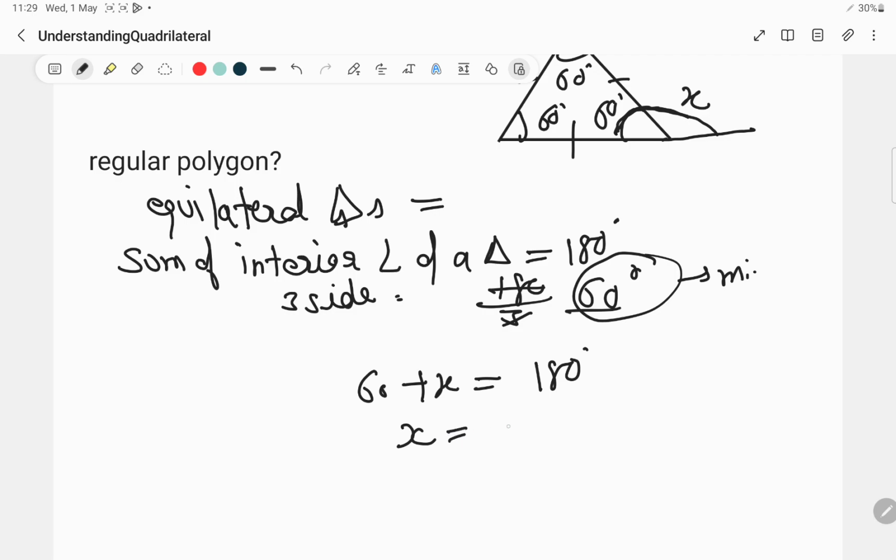So then x will be equal to 180 minus 60. Then x will be equal to 120 degrees. So equilateral triangle is a regular polygon. It has 3 sides, and the maximum exterior angle will be, how much we have calculated? It is 120 degrees. So this is our answer.